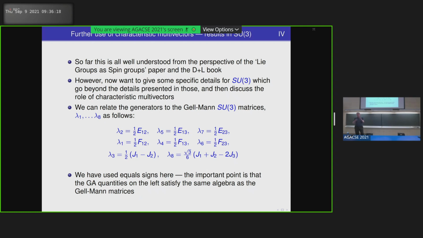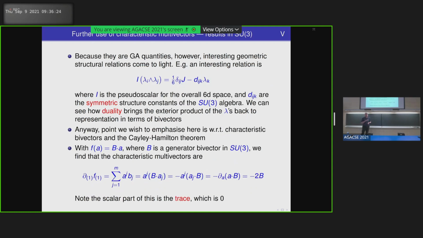And this leads to some quite interesting things. The anti-commutators immediately give you the structure coefficients for the group. They work out immediately. But you can do further things like this. Because they're GA quantities, you get some quite interesting geometric structural relations. I find this one quite interesting. I'd never known much before doing this about the so-called symmetric structure constants for groups, just being familiar with the antisymmetric ones.